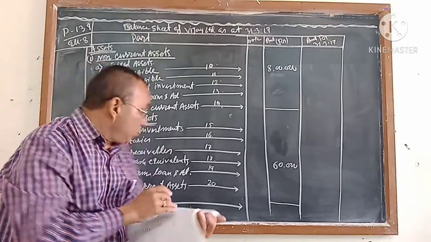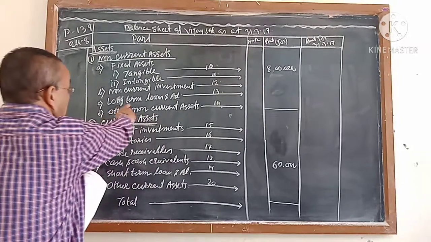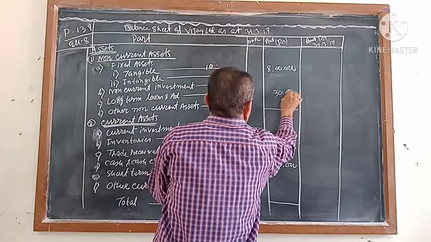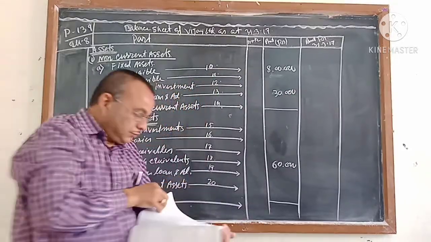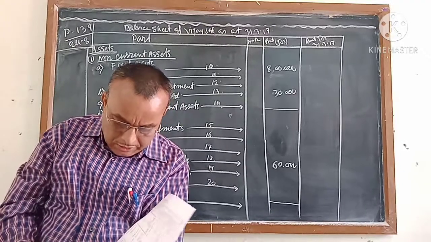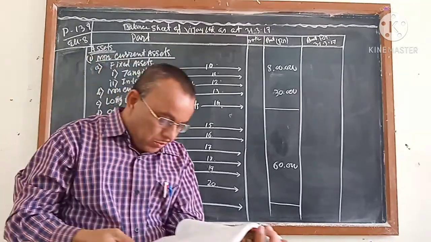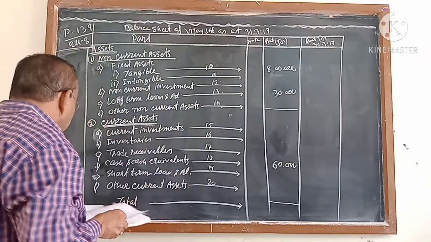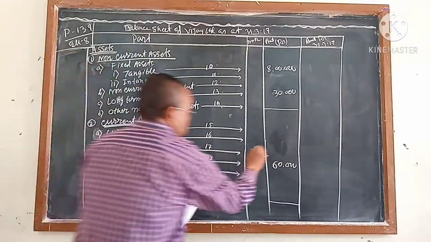Long-term loans and advance one column you are getting. That is how much? 30,000. Next, you are getting the inventories. How much? 43,000 inventories. You are getting inventories there 43,000.